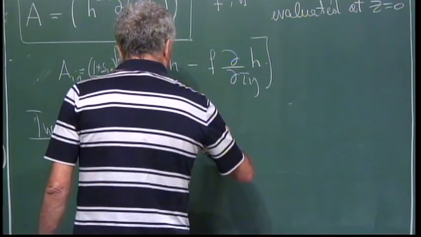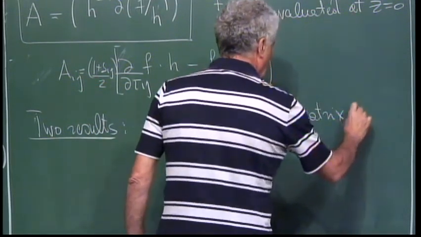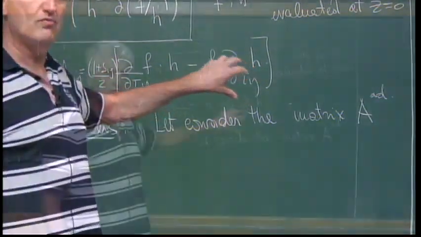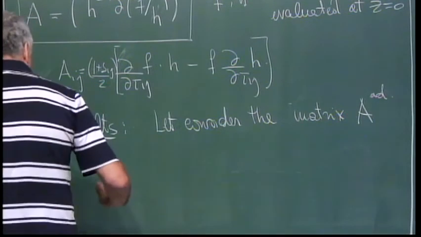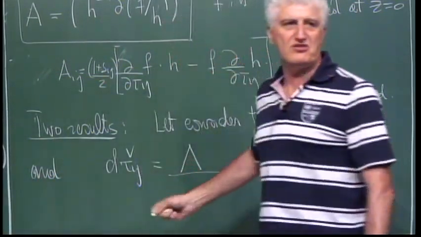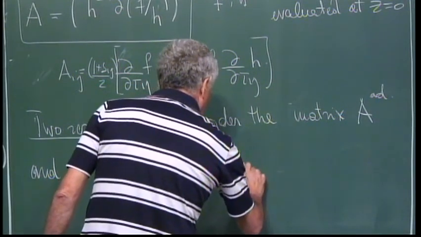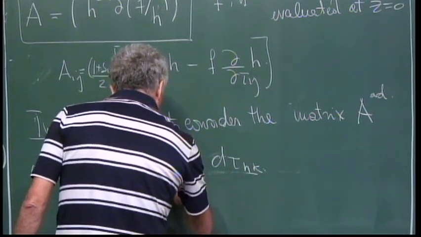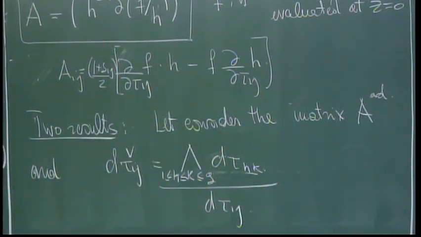Let's consider the symmetric matrix A adjoint, the adjoint of the matrix A, whose entries are the (g minus 1) times (g minus 1) minors of the matrix A. And let d tau_ij check be the wedge product of d tau_hk, with h less than or equal to k less than or equal to g, except tau_ij, so the wedge product of all differentials except d tau_ij.